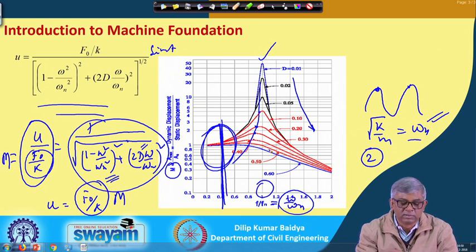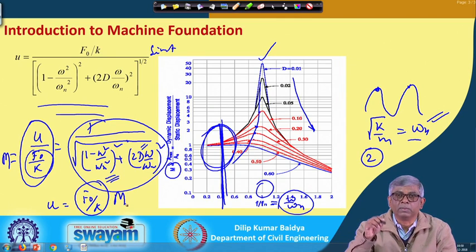Since it is a simple equation, one need not use the graph. If I know the ratio of omega over omega n, I can use this equation and find out the magnification factor, and then the magnification factor is multiplied by the static displacement.